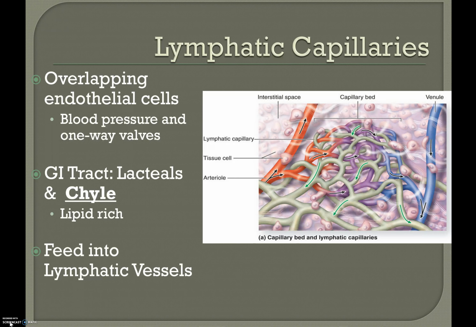And when the blood pressure is too high, some fluid from blood escapes and enters the interstitial space. When there is a lot of fluid in the interstitial space, the extra fluid enters the lymphatic capillaries, and these endothelial cells work as one-way valves, allowing the interstitial fluid to move into the lymphatic capillaries.